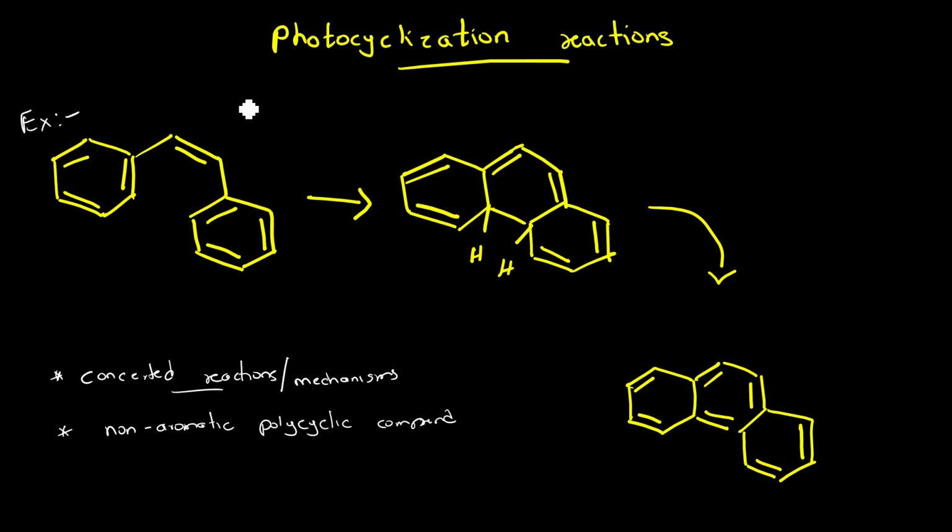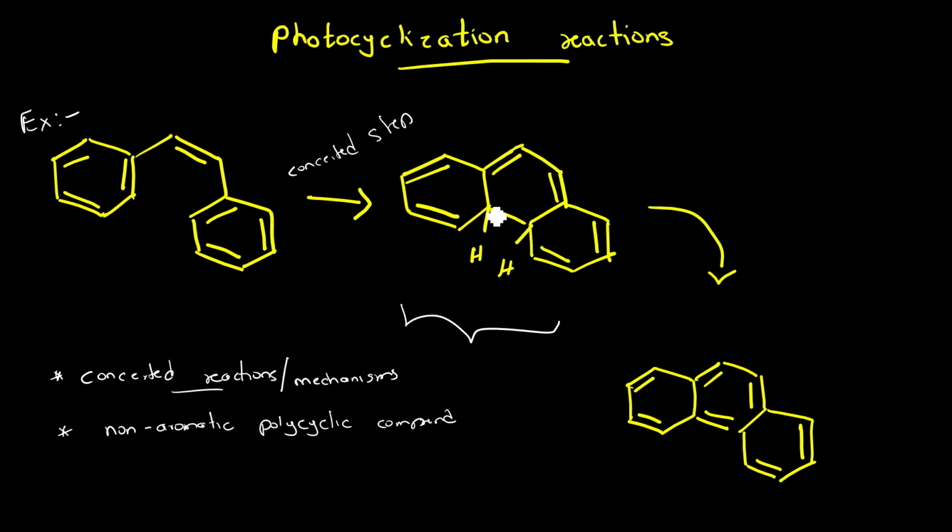As you can see here, this is our initial compound. When the first step happens, this first step is the concerted step. It happens through a concerted mechanism, and the product obtained, the result of the first step, is a polycyclic compound which is non-aromatic.